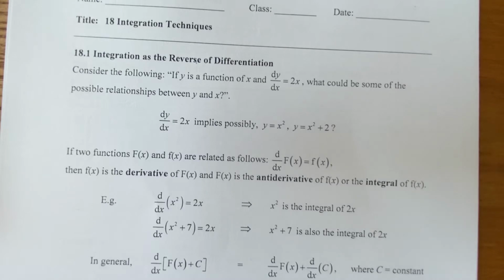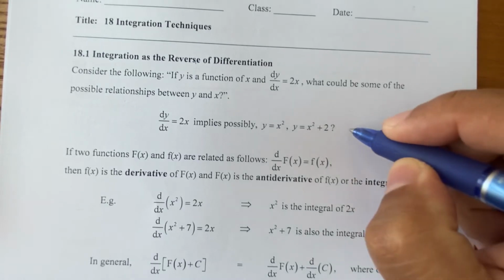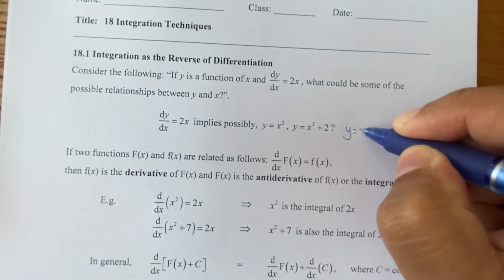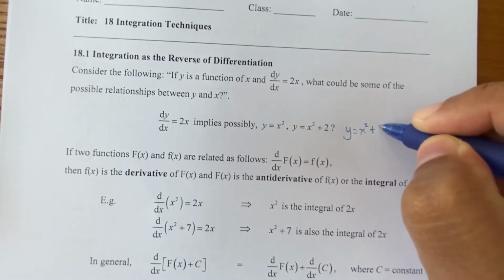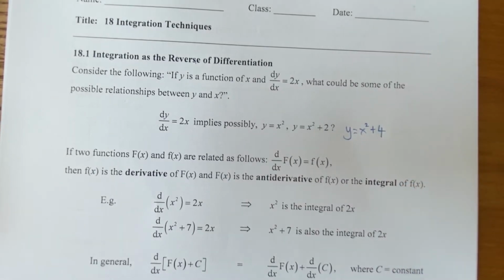Now, I can also add another function. y is equal to x squared plus 4. Do you get dy/dx equals 2x?